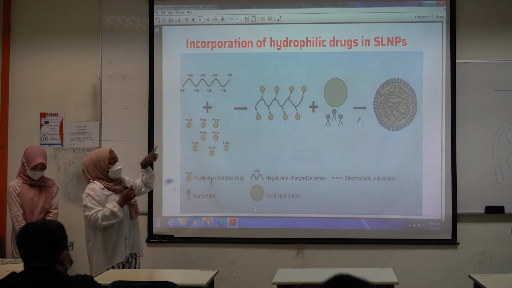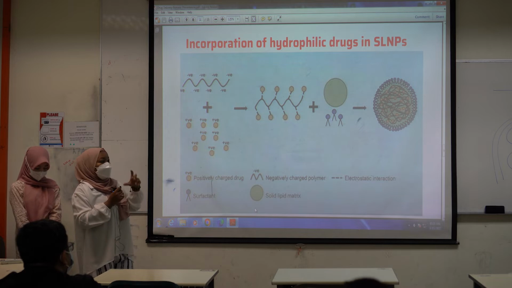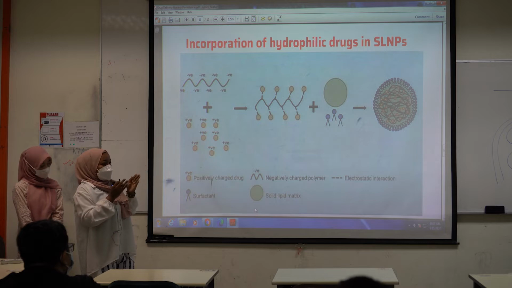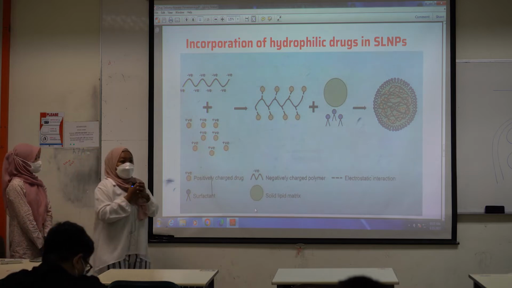So by coating the solid nanoparticle with the polymer, it will be easier to stabilize it, and also to control the release profile of the drug.